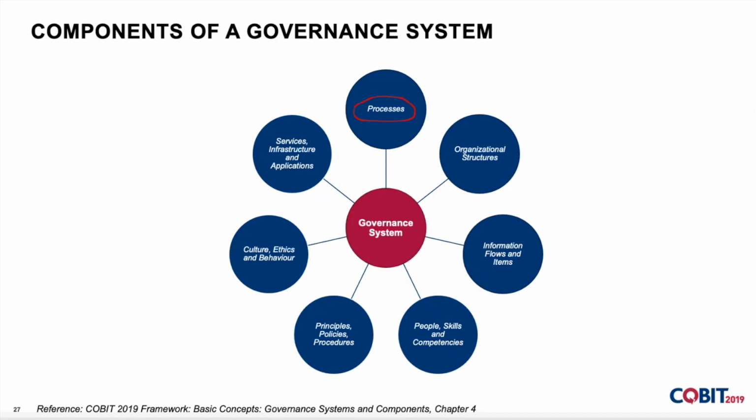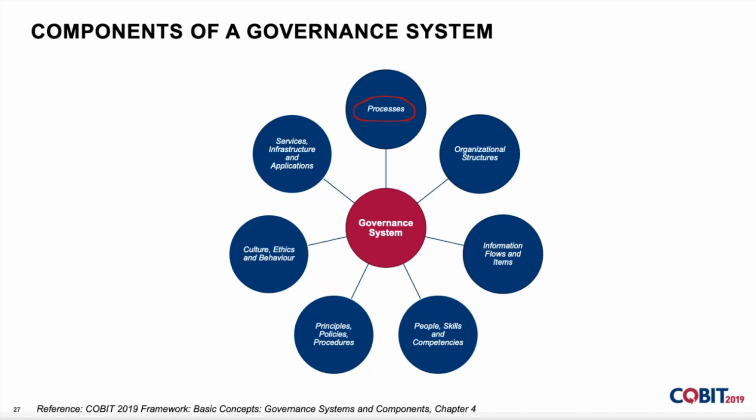The governance system, as you see right here with the 7 different components, is going to be applicable for the way that you structure each of your governance control areas. Let me explain what I mean with that. For every specific governance control, let's take, for example, the example that we just saw, manage projects. If we want to establish that control, we need to think about its processes, but we also need to think about organizational structure, information flows and items, and all of the different components that you see right here on this slide.